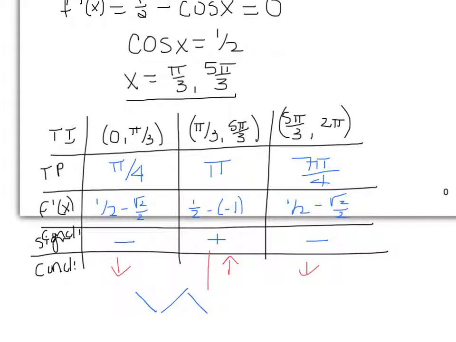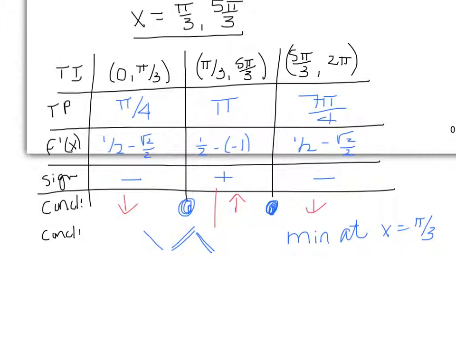So based upon my increasing and decreasing values, this tells me that I have a minimum at x equals pi over 3, because this number here is the critical point. And then I have another critical event happening here. That's where I'm going from a positive slope to a negative slope.